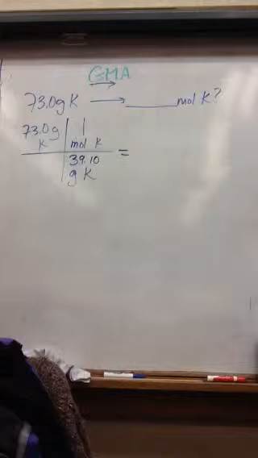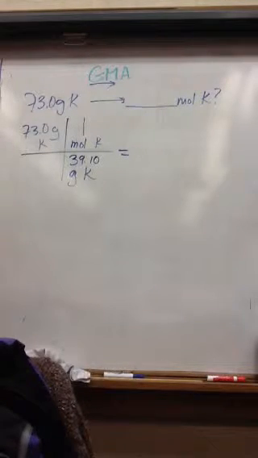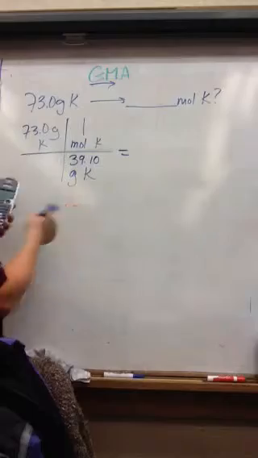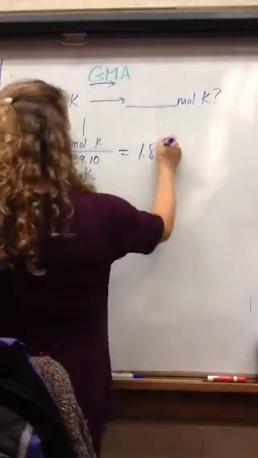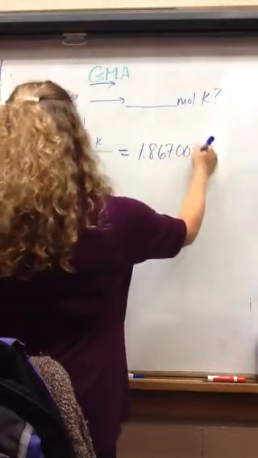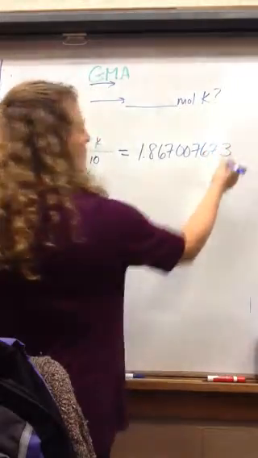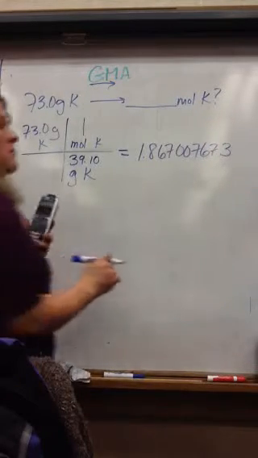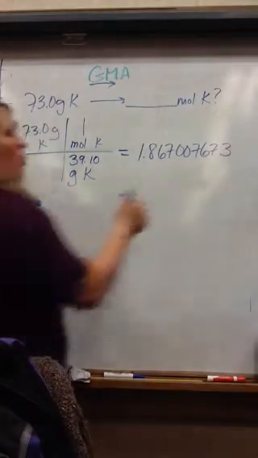David, what's your raw number? 1.867. And when I mean raw number, I mean raw number. 1.867007673. What are my units? Moles. What's the chemical I'm talking about here? Potassium.